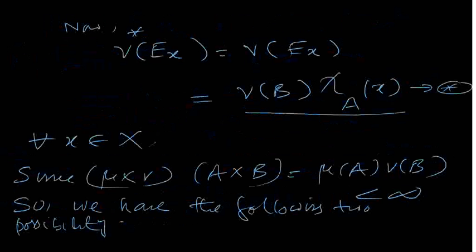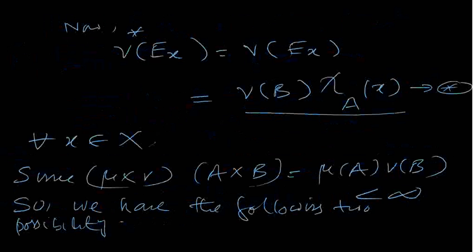So this is 0, and this one is either 0 or 1. So if this is 0, it's always equal to 0, because whether x is in A or x is not in A, it's always equal to 0.